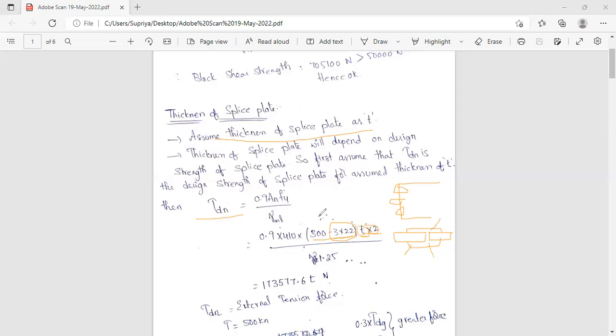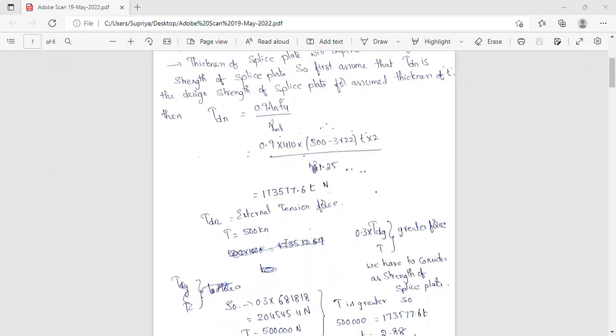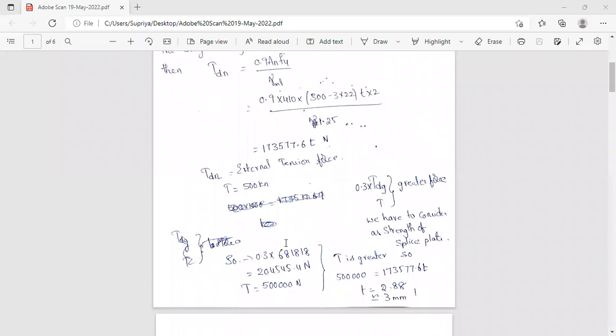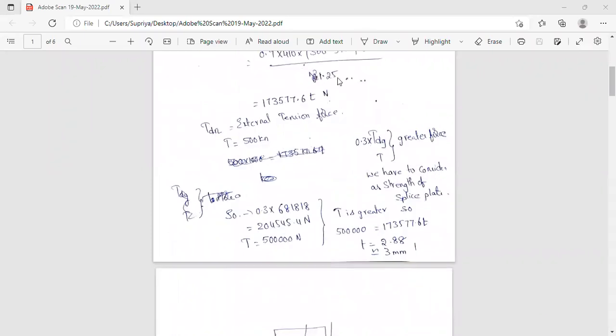TDN strength has to be carried by these two splice plates. So T divided by gamma m1, which is 1.25. If you calculate this, you will get TDN as 173,577.60 newtons. Now we have calculated the strength coming onto the splice plate. Okay, so we have another criterion.